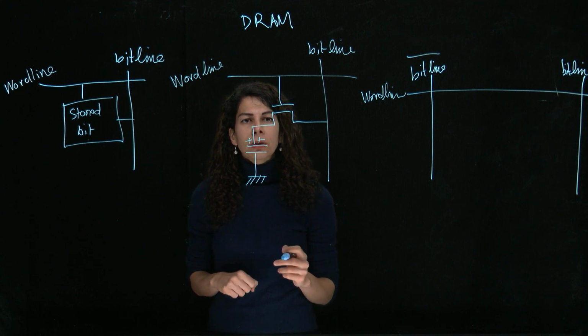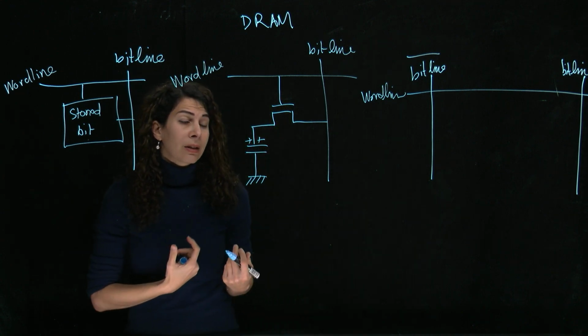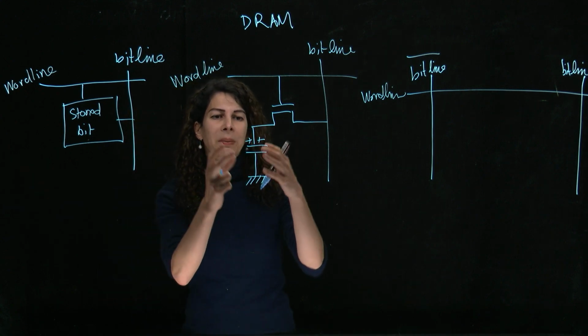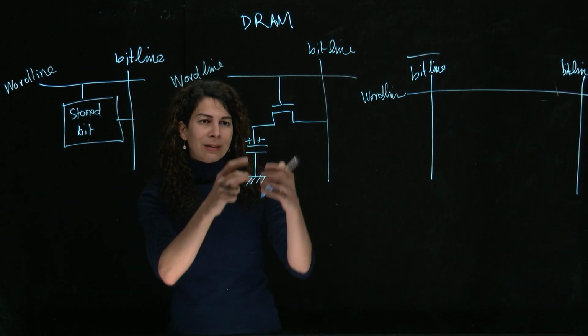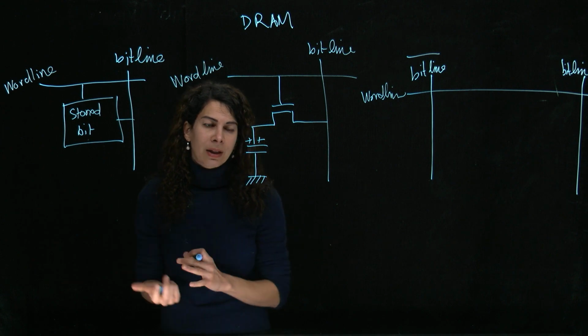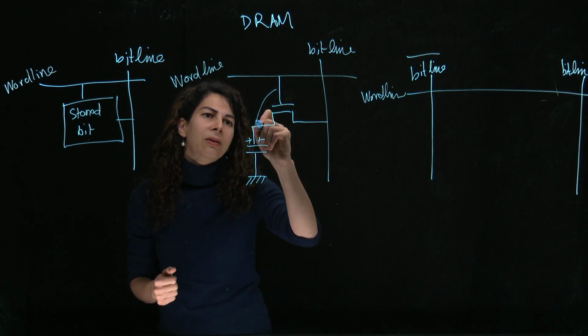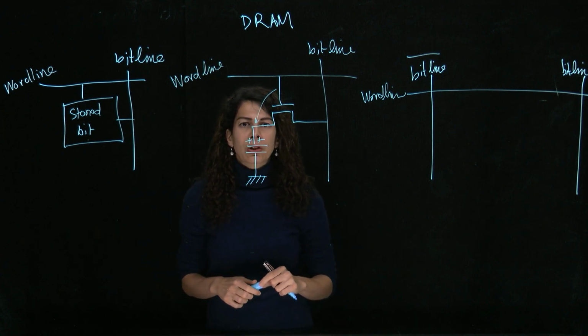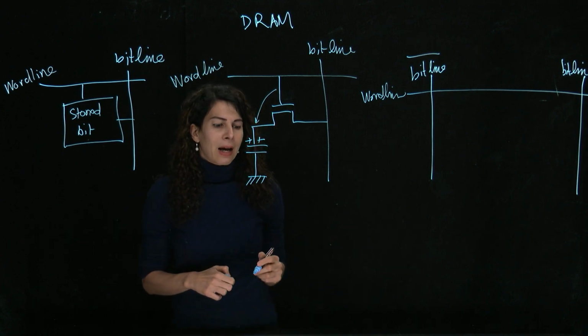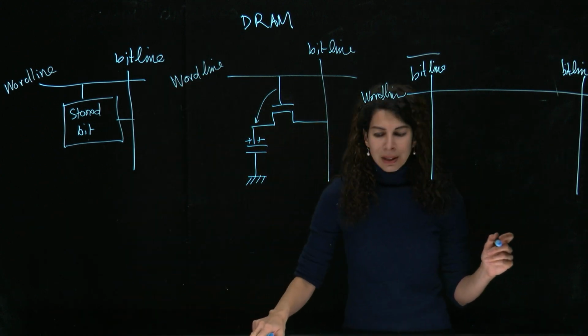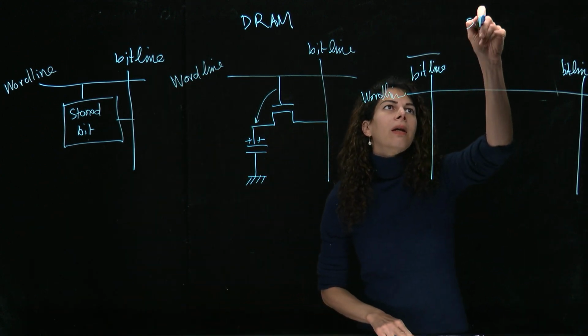Now, one thing to know is that in an actual physical setting, they don't use a separate piece of capacitance as a discrete element here, but usually the gate-to-source capacitance of this transistor is used to store the values in DRAM. Now SRAM is a little bit different.